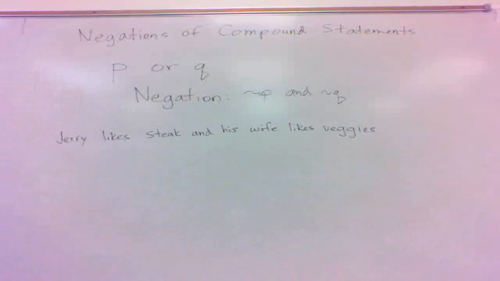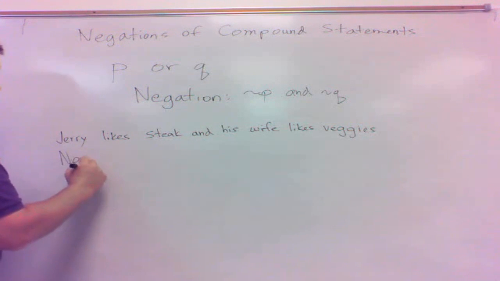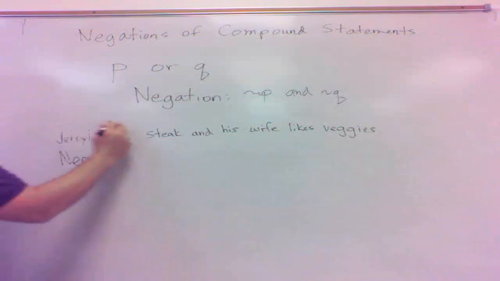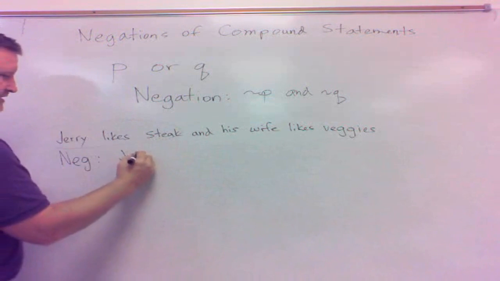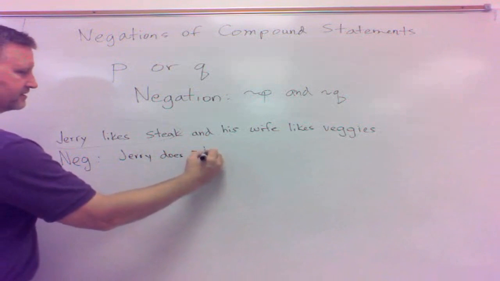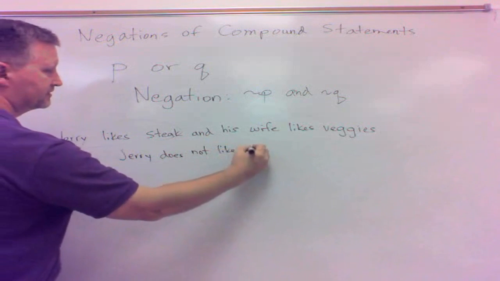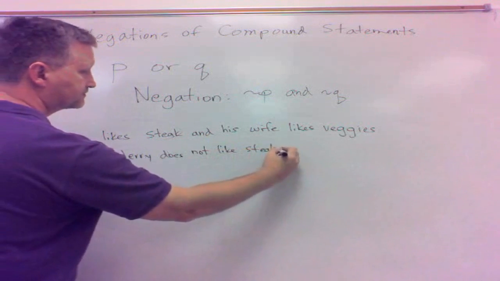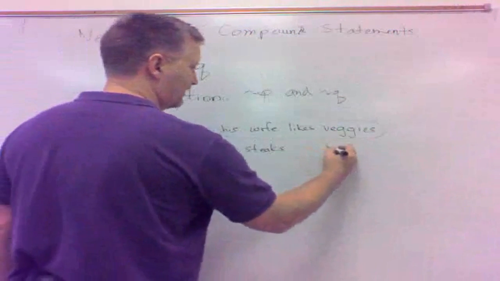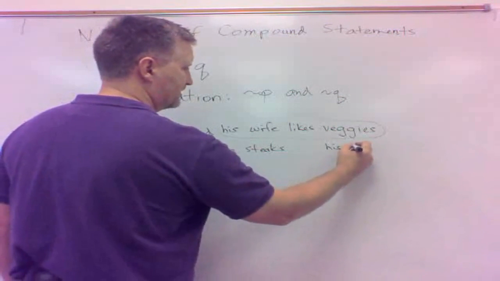If that was my statement, Jerry likes steak and his wife likes veggies, what would be the negation, the exact opposite statement to that? Well, you negate Jerry likes steak, that would be Jerry does not like steak. His wife likes veggies, well, that would be his wife does not like veggies, to negate it.